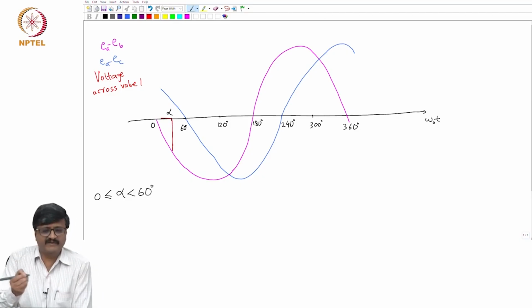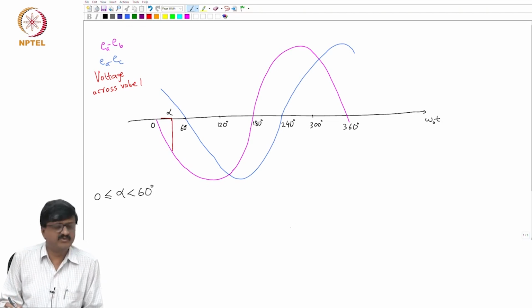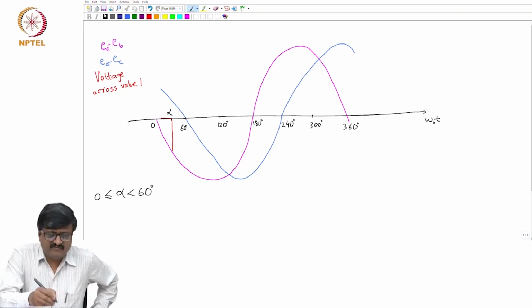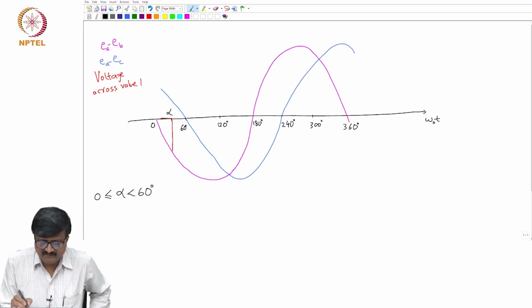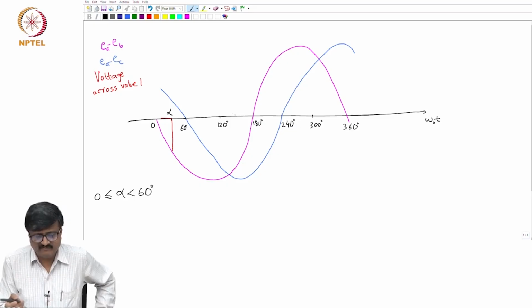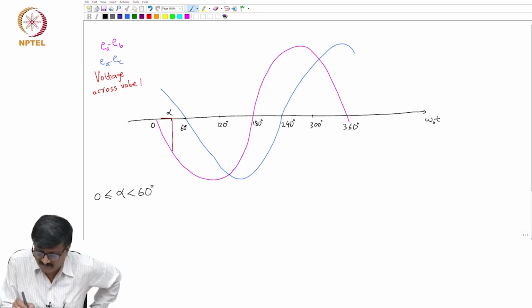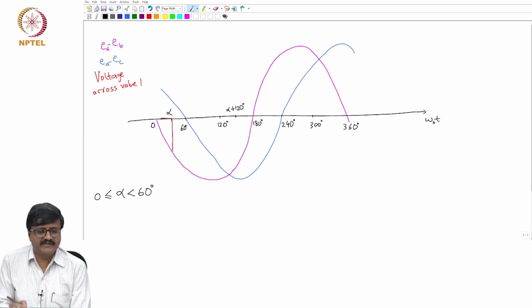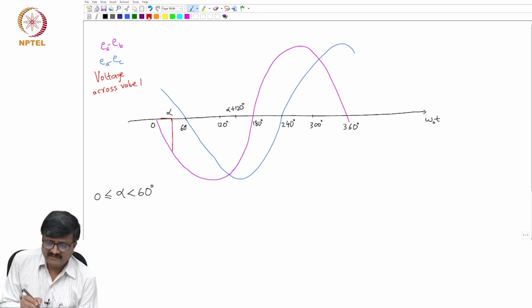For how long will it be EA minus EB? Up to alpha plus 120. So where is alpha plus 120? It is between 120 and 180. So alpha plus 120 is here. Up to alpha plus 120, the voltage across valve 1 is EA minus EB.